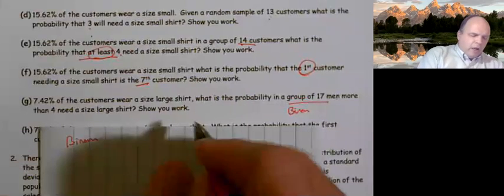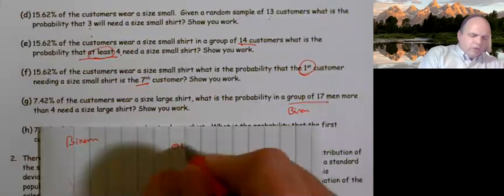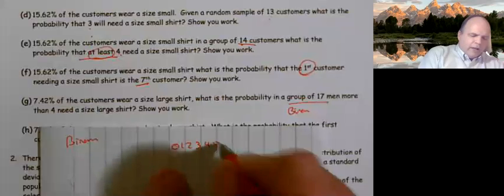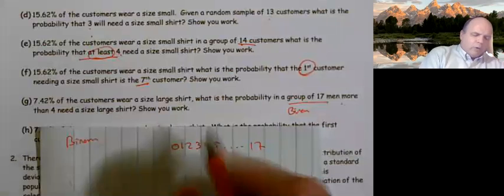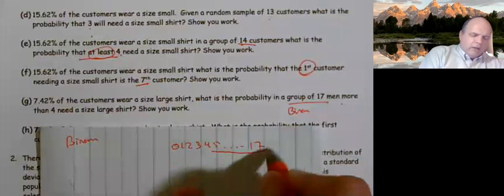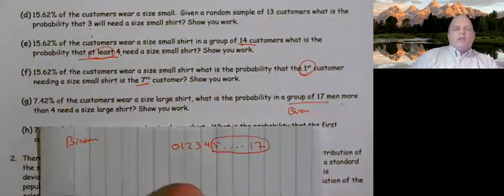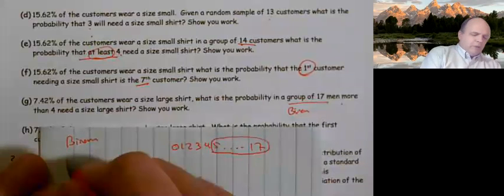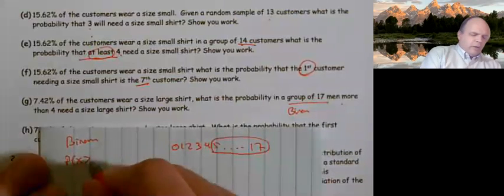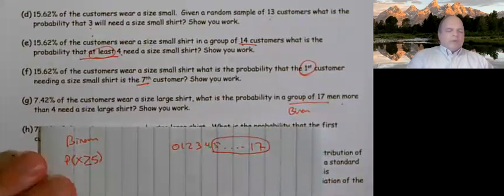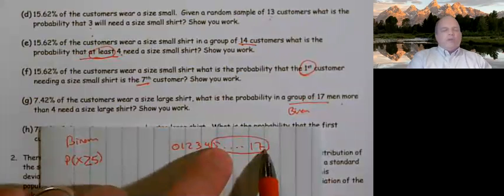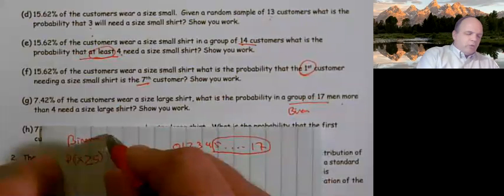And we need to make my number line 0, 1, 2, 3, 4, 5, dot, dot, dot, all the way to 17. More than 4. Well, that means 4 is not enough. I need the probability that X is greater than or equal to 5. Notice I circled more than one value, so this means we're going to be working with a CDF.